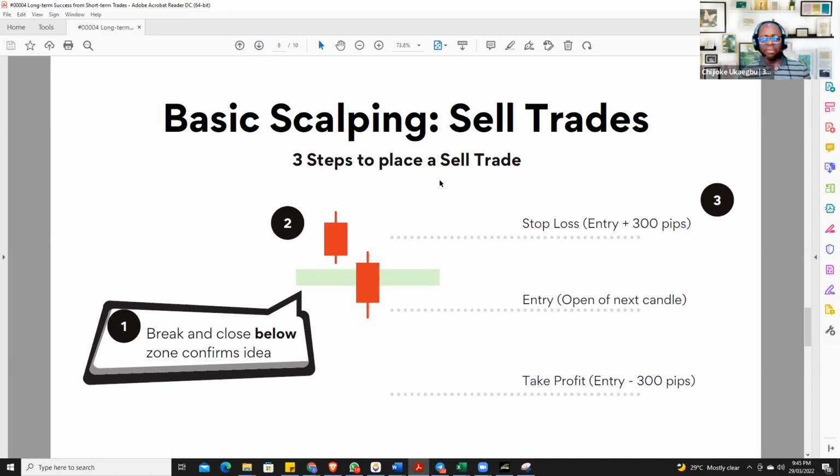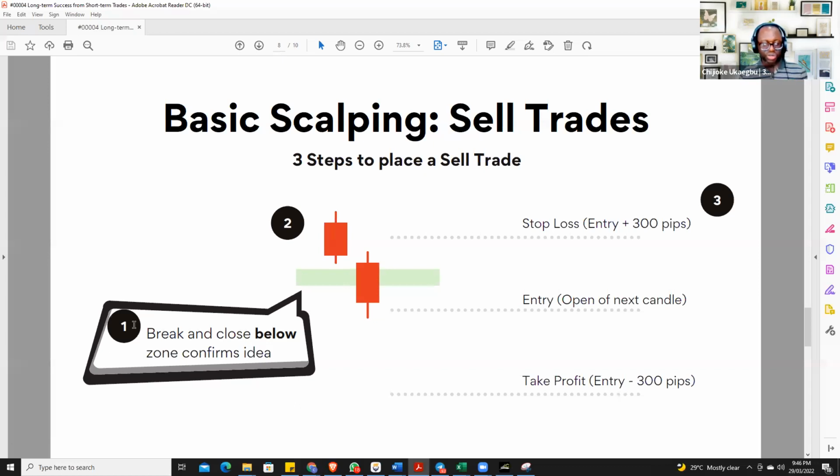Now, when you're looking for a sell trade, there are three things that you're looking for. Obviously, you need to log into the tool and be sure that the tool is active. Once you've logged into the tool, the first thing you're doing is you're looking for the instruction. Remember, when we logged in, we saw an instruction saying break and close below zone confirms idea.